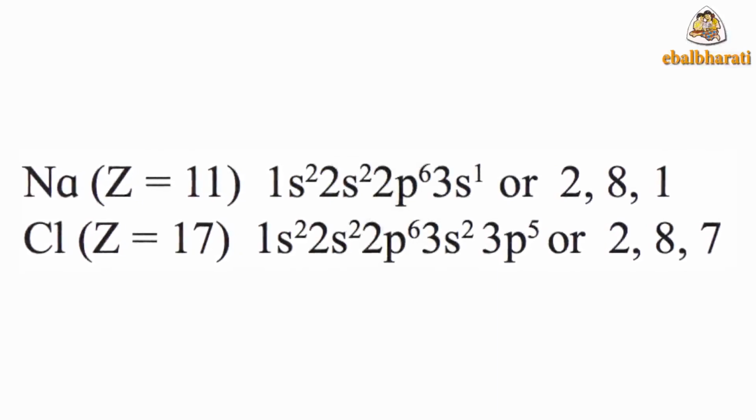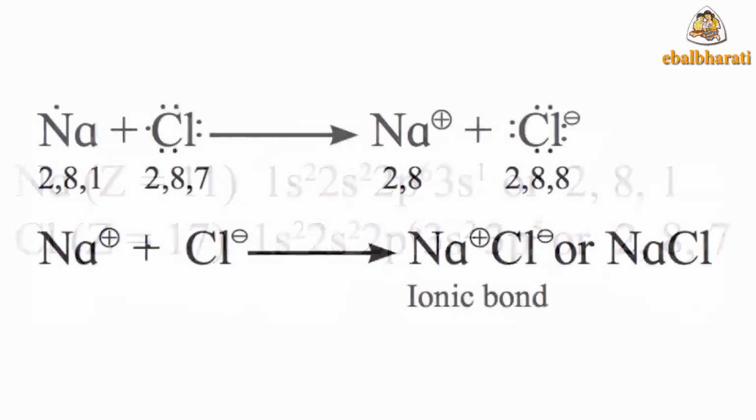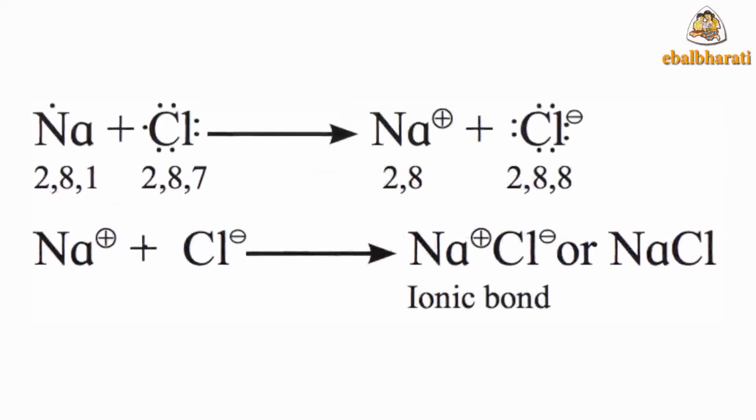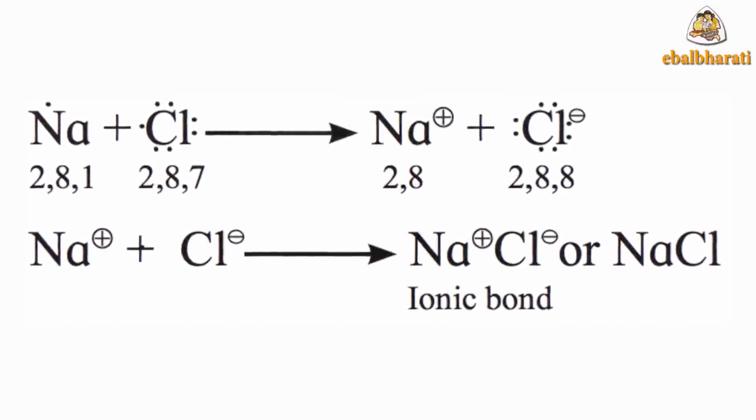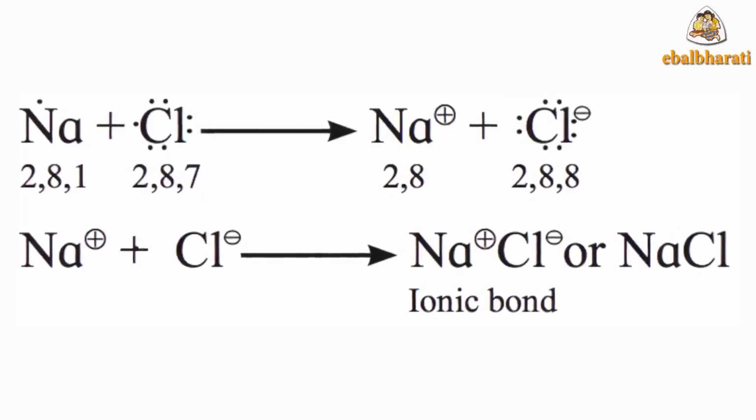Chlorine has 7 electrons in its valence shell. It has a tendency to gain 1 electron and thereby acquire the configuration of the nearest noble gas, that is Ar, 2,8,8.